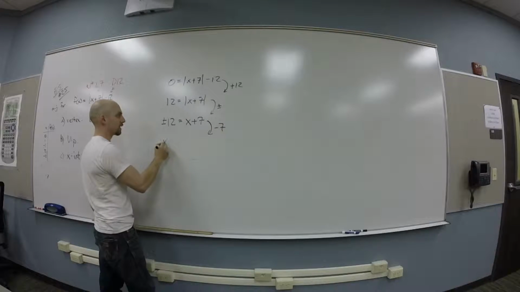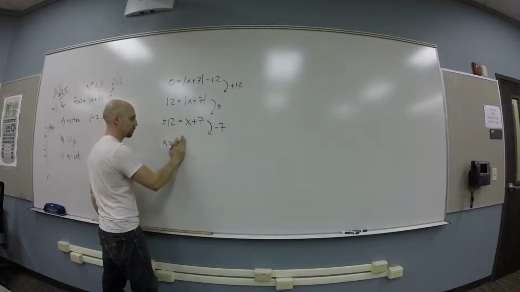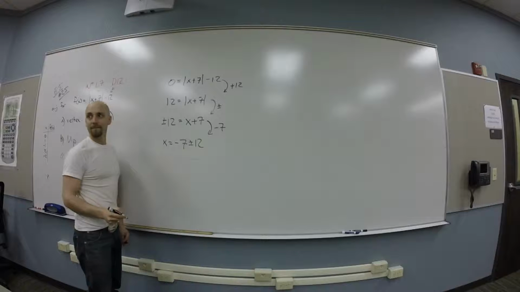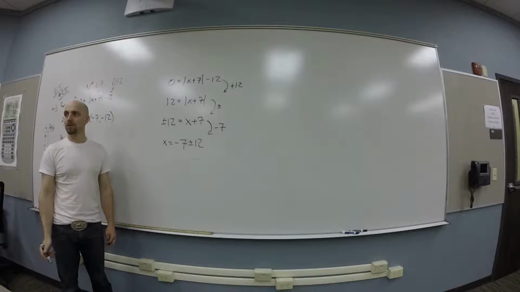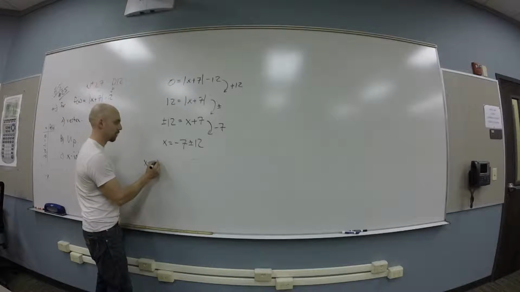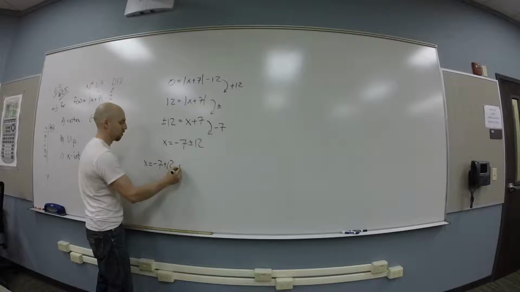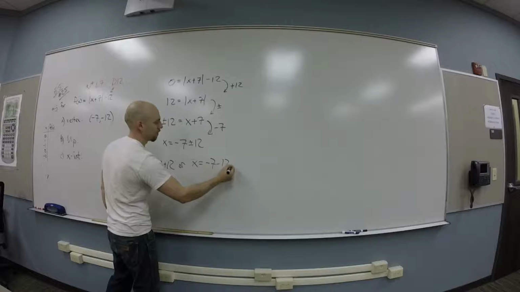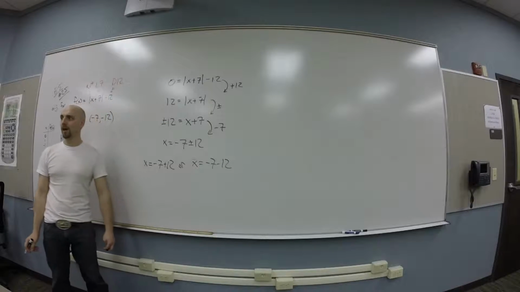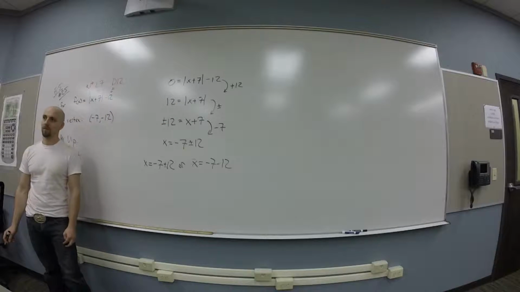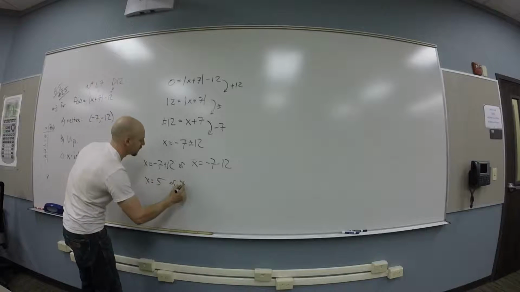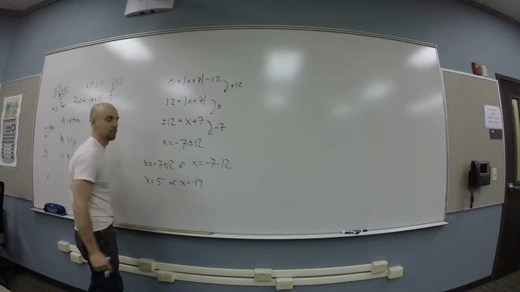So now I've got x is minus 7 plus or minus 12. So x is minus 7 plus 12, or x is minus 7 minus 12. What do you get? 5 and negative 19. Okay, so x is 5 or x is negative 19.